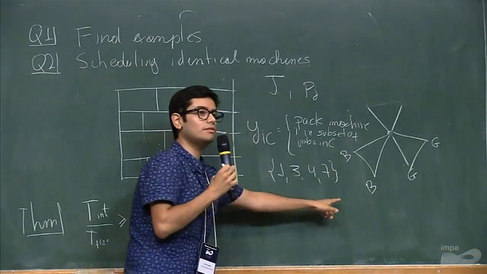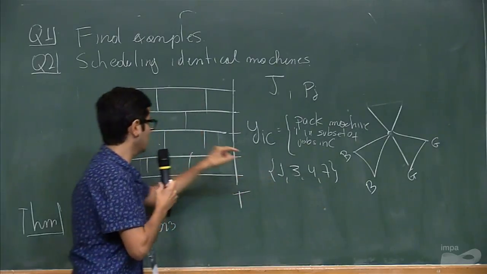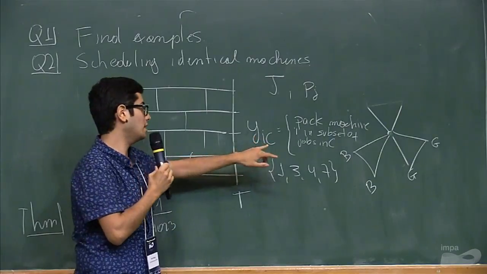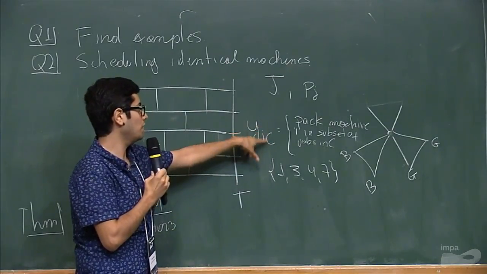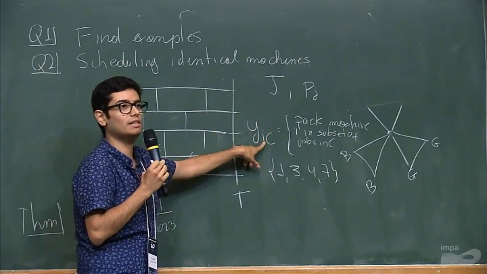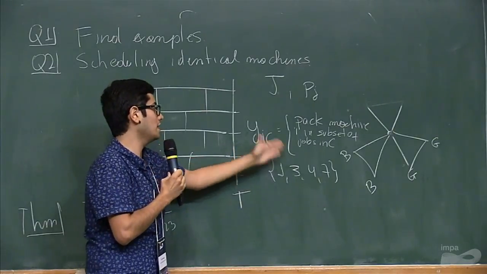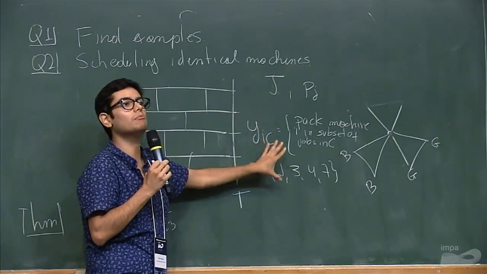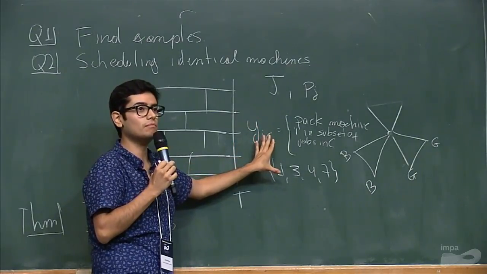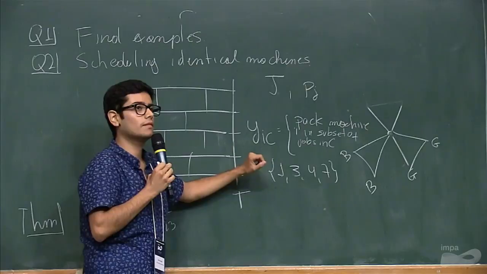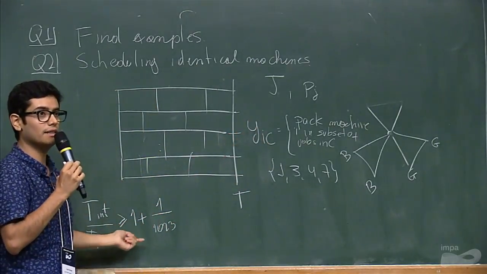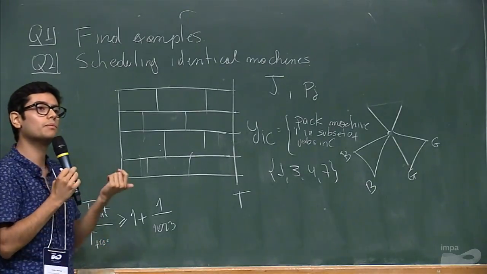So I pack all these jobs in that machine, and this is a variable. Then the constraints are just, I want to pack every machine exactly once, and every job has to be in some of these C. This is the IP you write. And for that IP, you can prove that the gap is at least that, and it's at most 2.